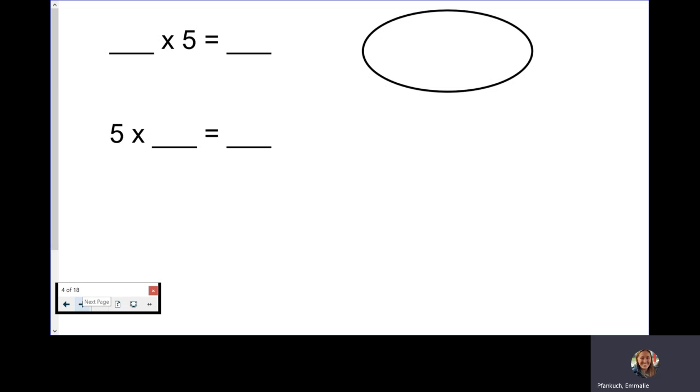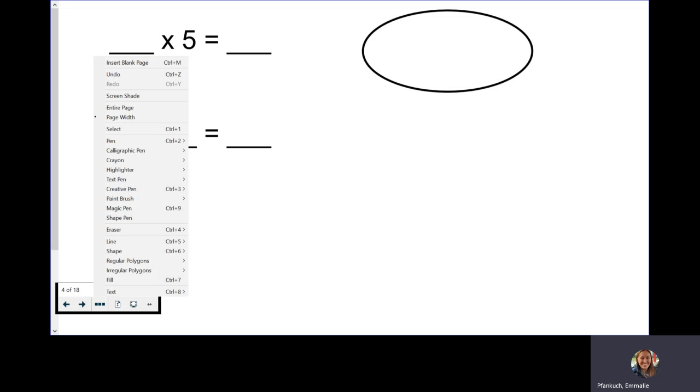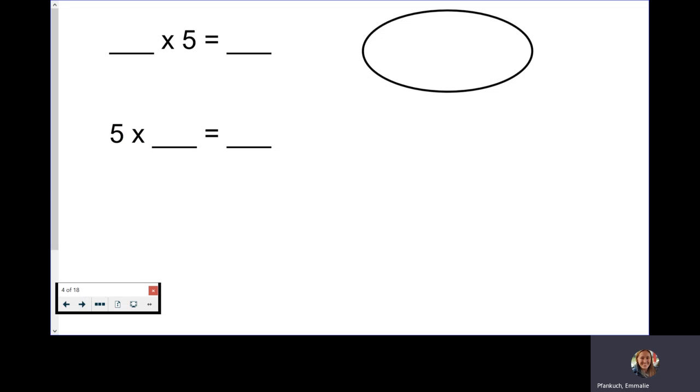Let's look at another one. Let's do 3 times 5. 3 times 5 is the same as 5 times 3. So I can use different strategies to help me, but for this one, I'm going to use 3 groups.